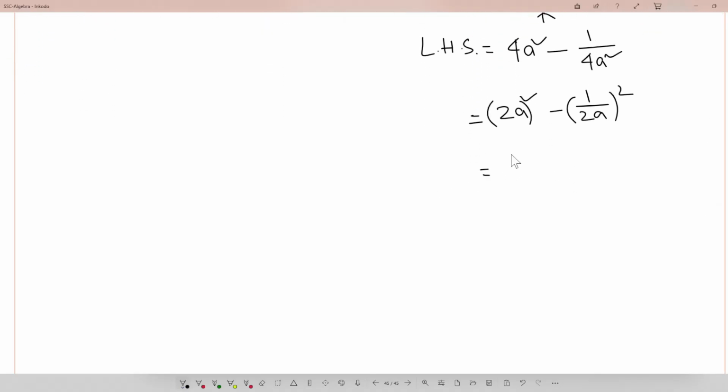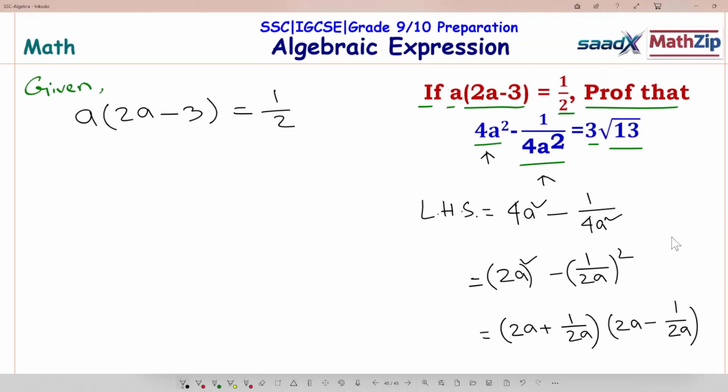So this is looking like a square minus b square, so we can write 2a plus 1 by 2a times 2a minus 1 by 2a. So this is a simple fact, but here is given a times 2a minus 3 equals 1 by 2. So we have to find out 2a plus 1 by 2a and 2a minus 1 by 2a. So let's try. How?